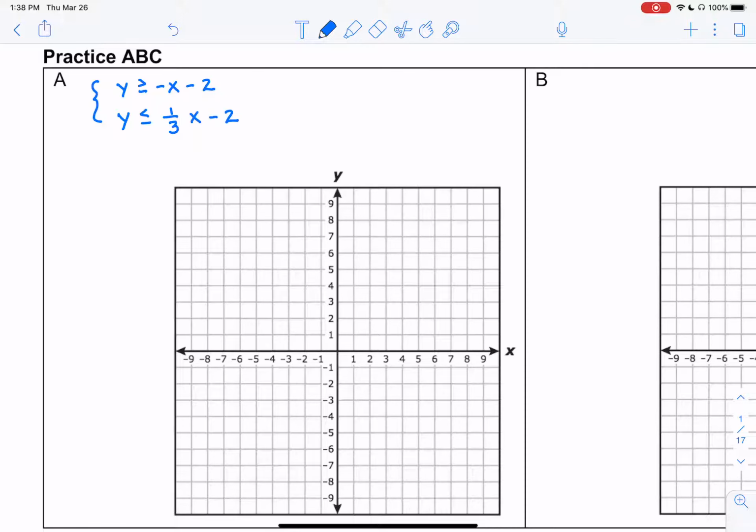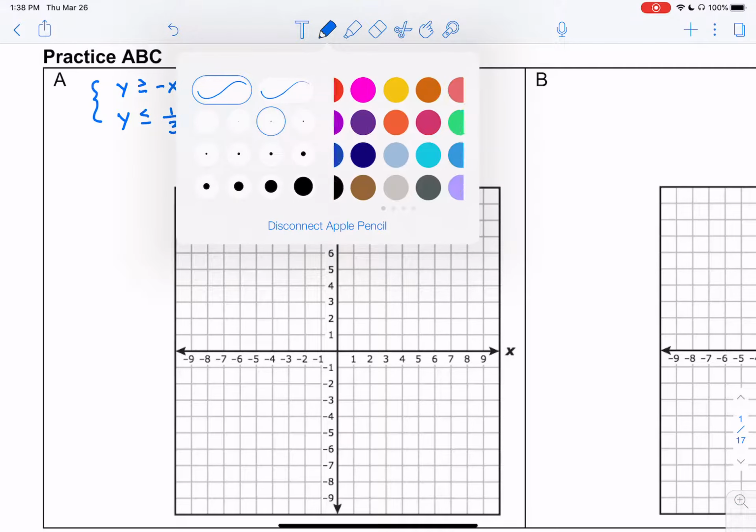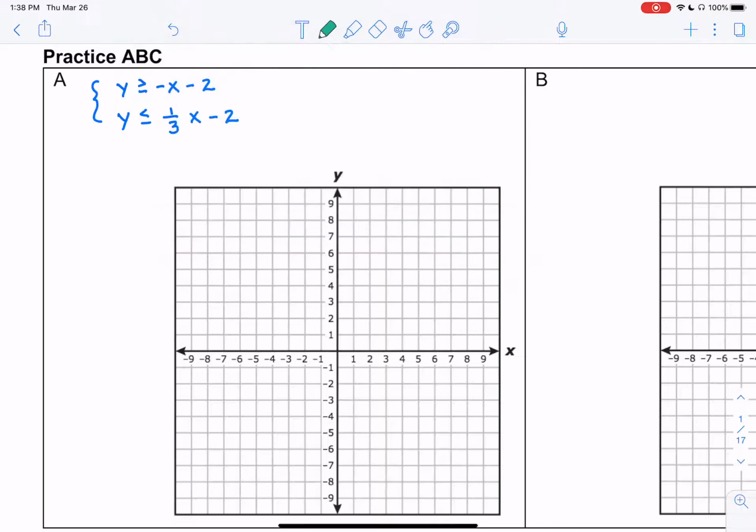Okay, we're going to approach each of these separately. So the first thing I'm going to do is the top equation. I'm going to make a little mark next to it that's the color I'm going to be using, so I can later on check myself on how I've done it. And how we graph is we look at our b value first. That tells us to start at the -2 on the y-axis. So I'm going to put a dot at -2. And then the next information I look for is the slope.